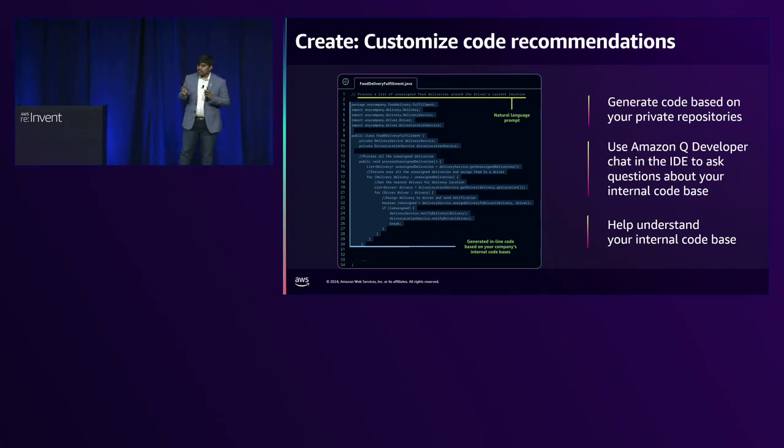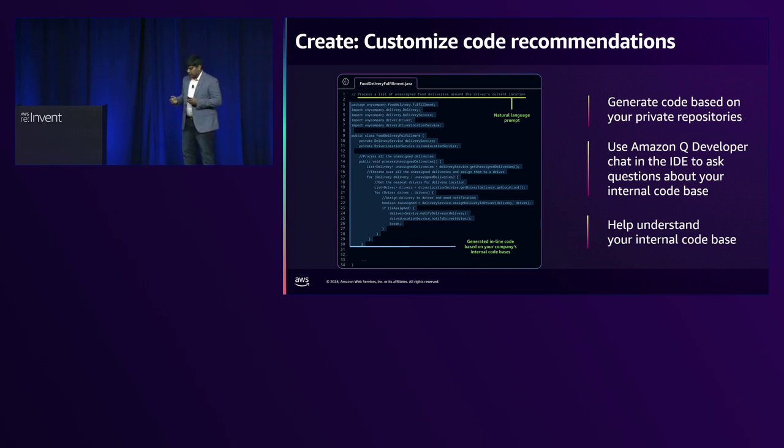So you would be able to extend the Q Developer capabilities by connecting your private repositories, which may have information on your code base, your coding practices, private libraries, etc. So that the suggestions it gives you take into consideration what your APIs and libraries already have, so that you can generate new code faster, according to your existing code bases.